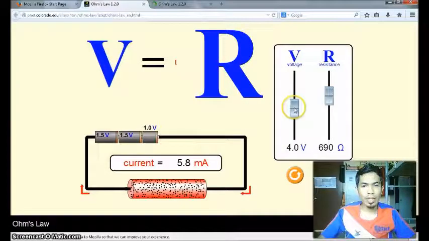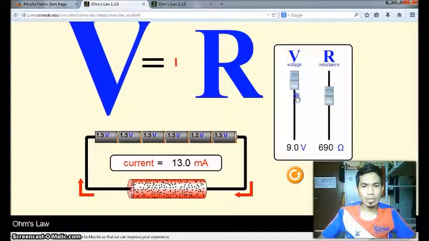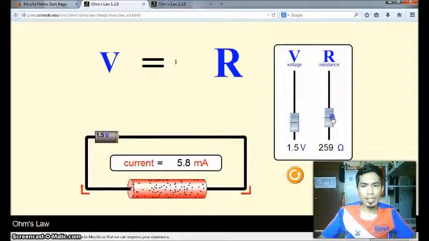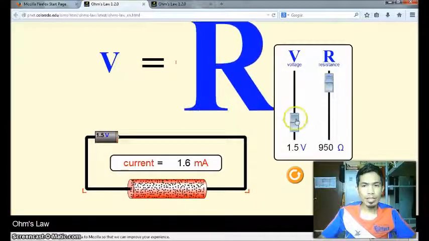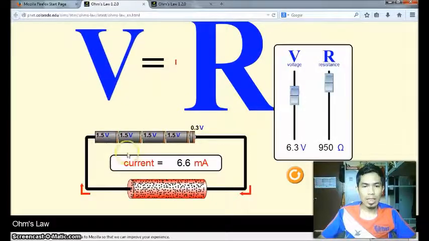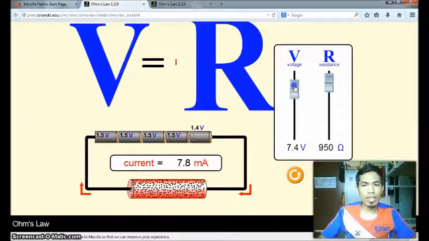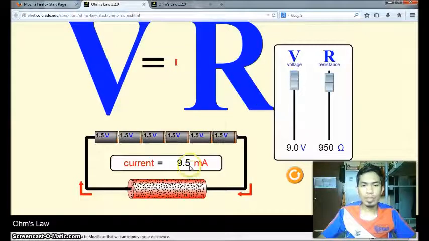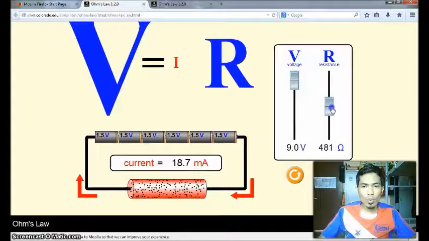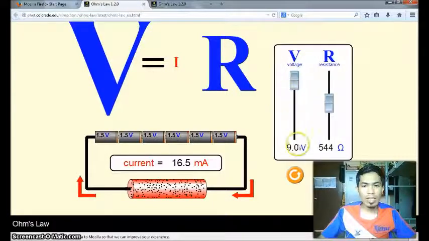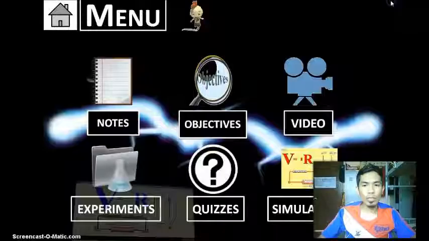Okay, this is voltage and this is resistance. When we change the value of voltage and resistance, the current will change because V is directly proportional to the current. When voltage is 9 volts and resistance is 544 ohms, the current will be 16.5 milliamps. Okay, that is an example of the simulation.